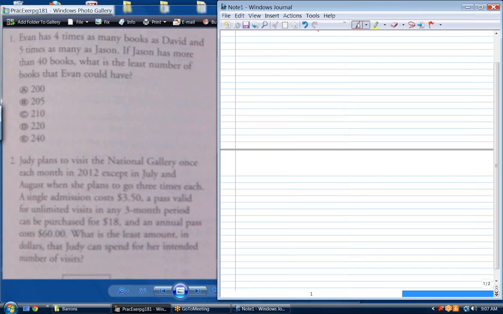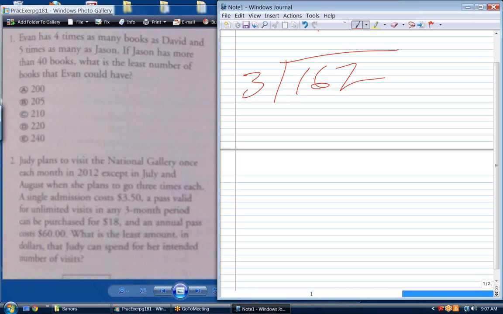There are a few other number theory things. A number is divisible by 3 if the digits add up to a number that is divisible by 3. In other words, 1 plus 6 plus 2 is 9, which is divisible by 3. So 3 has to go into 162 evenly.